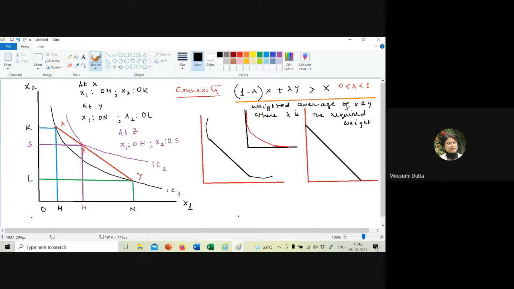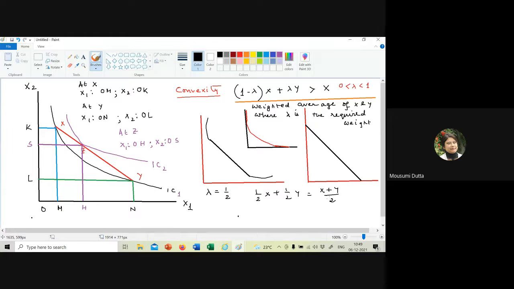Okay. Now, if I consider lambda is equal to half, then what are we getting? What is the value of 1 minus lambda then? Half. So what I am getting is half x plus half y, or x plus y by 2.